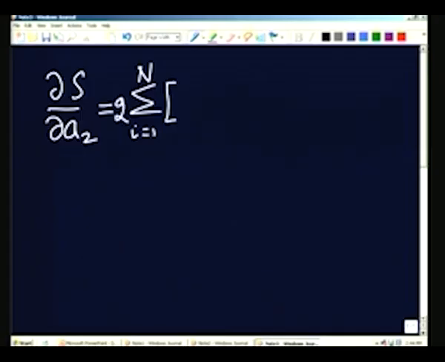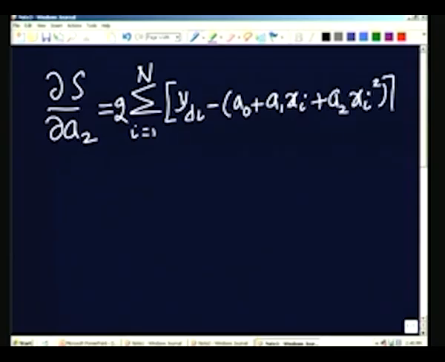two into y d i minus a naught plus a 1 x i plus a 2 x i squared multiplied by, I am going to now differentiate with respect to a 2 because I have taken differentiation with respect to a 2 here.